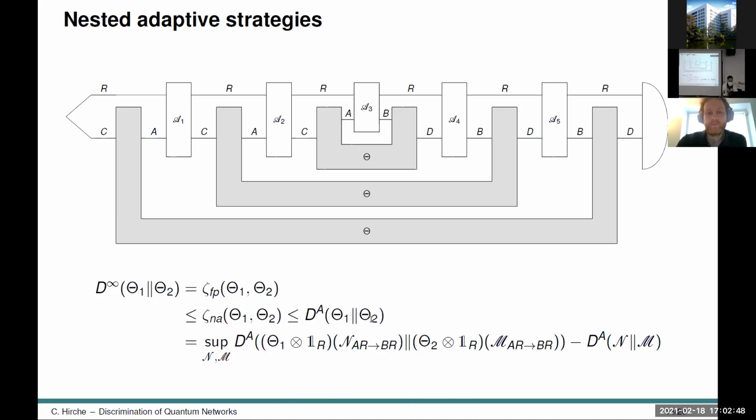Now we can show that this is a converse bound. So in the Stein's lemma setting, the optimal rate can't be any higher than this quantity. But the only thing we can say for sure for now on the other end is that this strategy can be more powerful than the fully parallel strategies that I showed before, which give rise to the regularized network relative entropy.